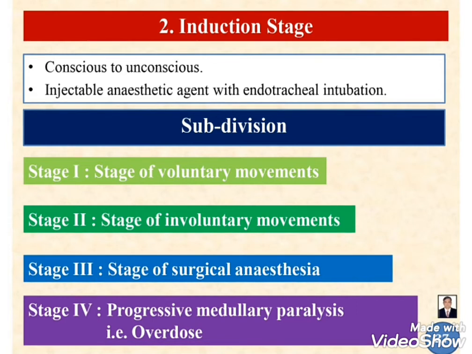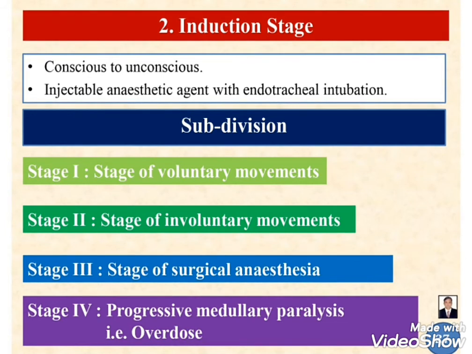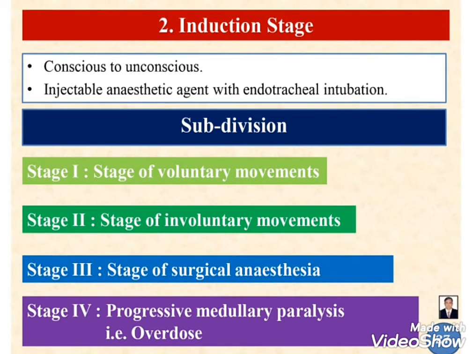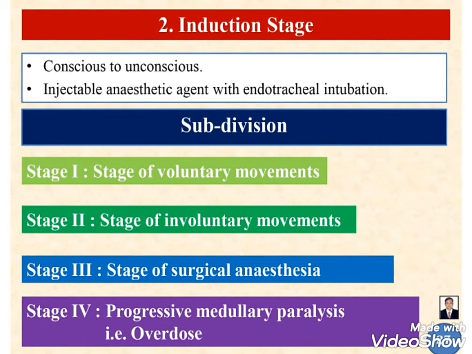So our aim is not to reach stage 4, but to stop at stage 3, the stage of surgical anesthesia. No need for detailed discussion about these different stages, you know very well, we already learned them at UG and PG levels.